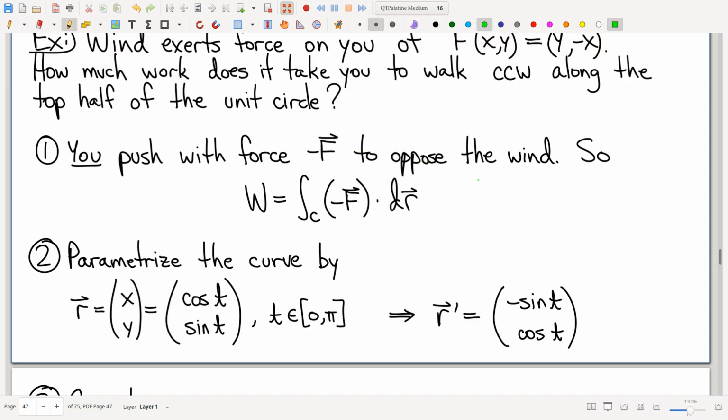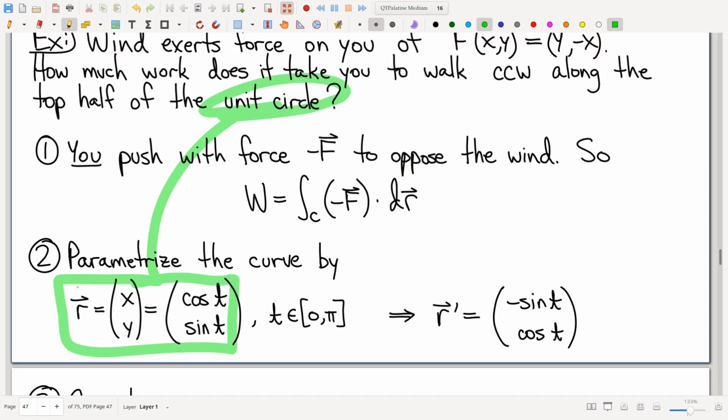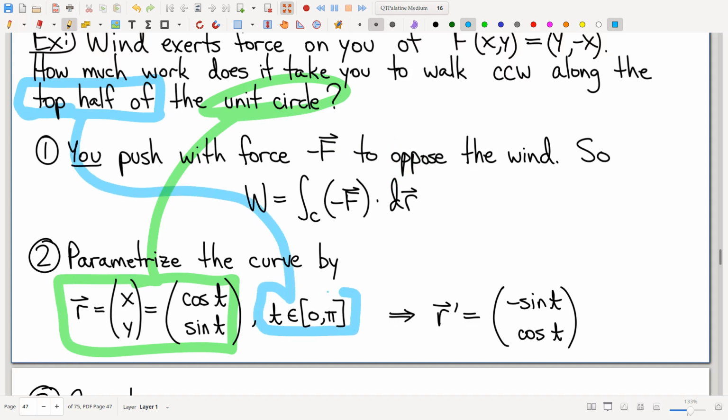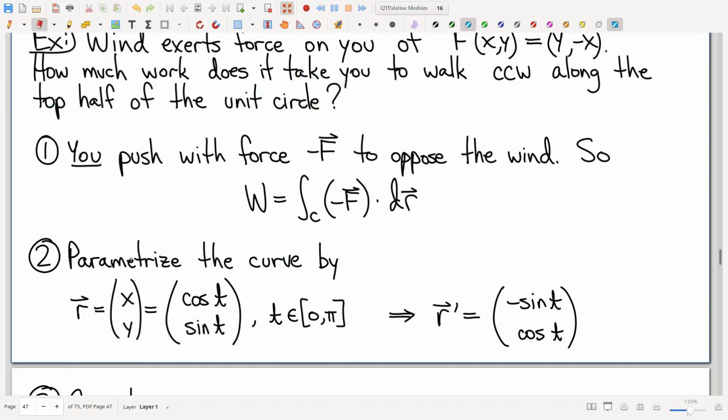Yep, back in business. The unit circle, y'all remember how to parameterize the unit circle. Think it through. Because we're looking at the top half of the unit circle, t only ranges from 0 to pi. Okay. Take a derivative, nothing to it.